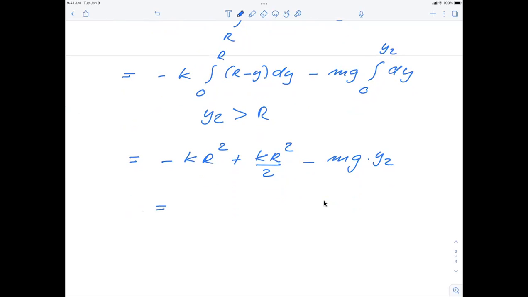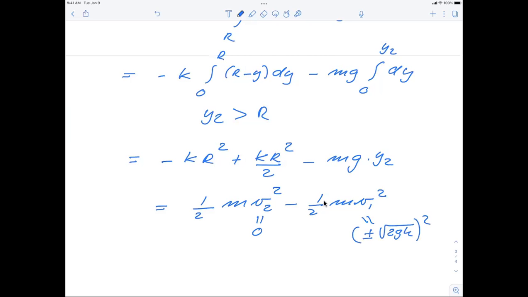So this should actually be equal to 1/2 times minus m times v2 squared minus 1/2 of m times v1 squared. And we have defined v2 to be equal to 0. And we know that this one is just simply plus minus the square root of 2 times g times h, and then we have to square it.